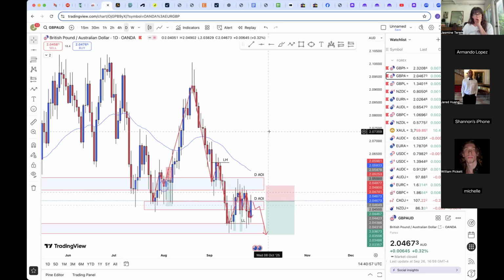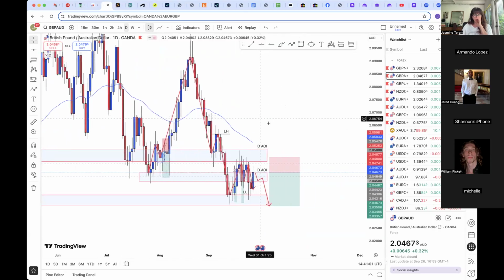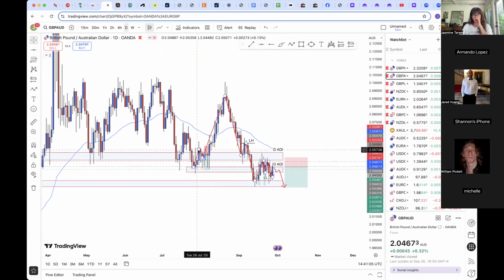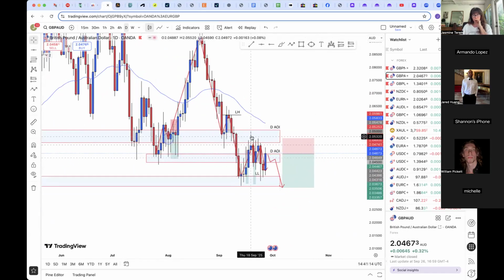Okay, yeah. This is on the daily time frame, and I have my left shoulder right here. This area is my neckline. I have my daily area here, and it actually retested that same zone twice.